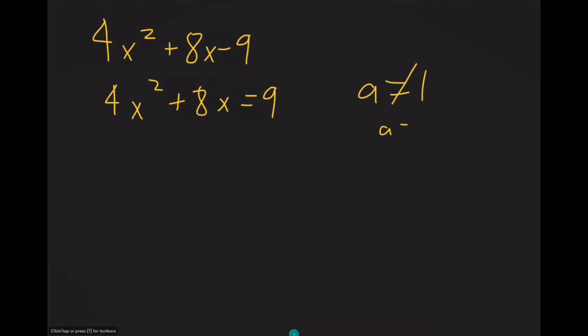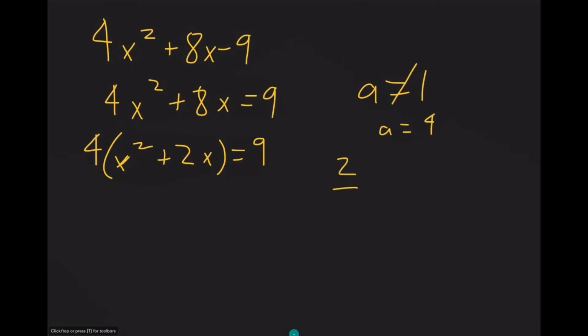A equals 4. But luckily for us, 4 can simply be factored out of 4x squared plus 8x. So then it will be 4 times x squared plus 2x equals 9. Now again, we're going to complete the square for x squared plus 2x with b over 2 squared.